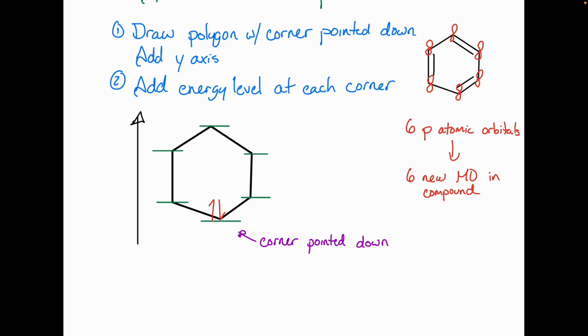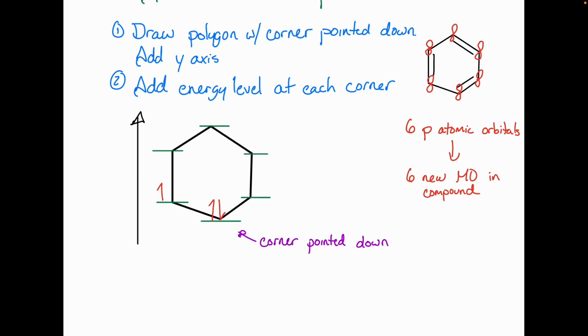Now I'm going to move up to the next level here, but these two are at the same energy. So everybody take a look real quick. Let's make sure that we're filling in these diagrams correctly. I'm going to go through and half fill both of them first. Then I can go back and double up.